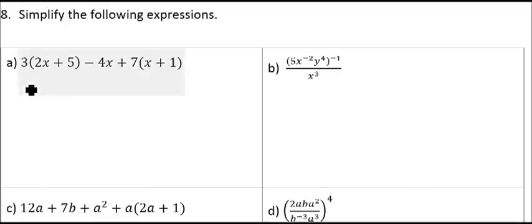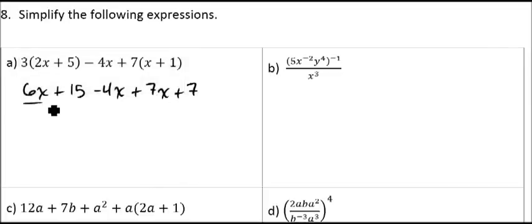So using the distributive property, this first term becomes 6 times x plus 3 times 5 is 15. And then I have a minus 4x, and then I have a plus 7x plus a 7. If I combine like terms, then you can see I've got 6 x's, I've got 7 x's, and I've got negative 4 x's. So combining the 6 and negative 4, that's negative 2.